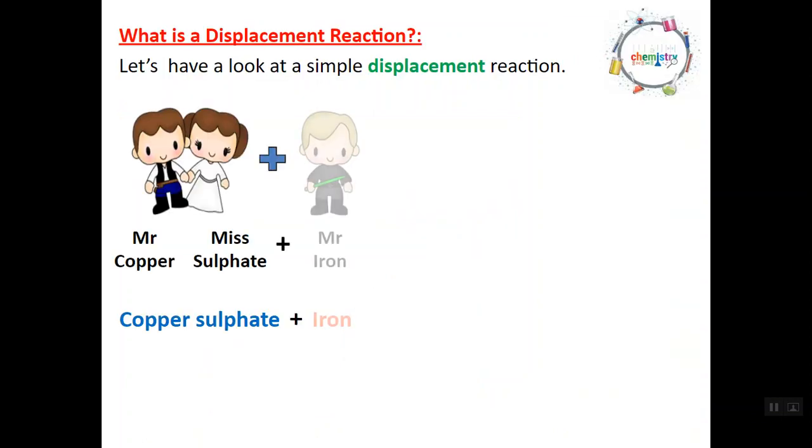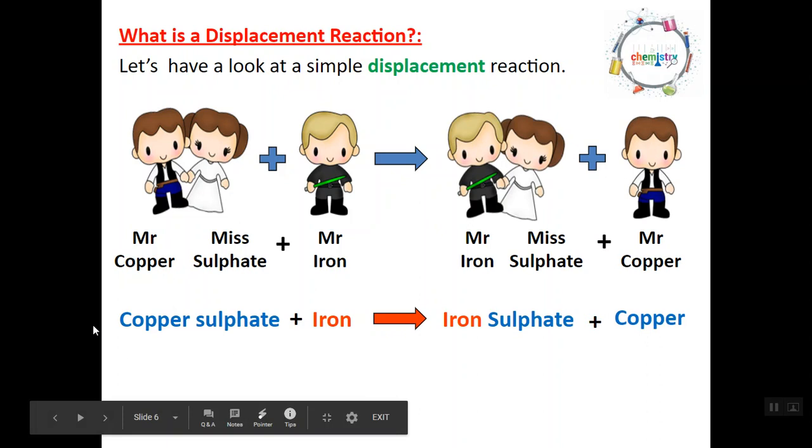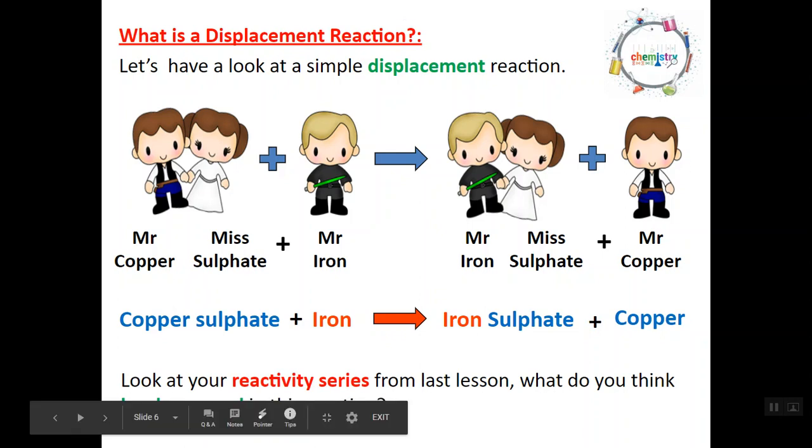So iron comes along, says I like the look of your sulfate, steals the sulfate, and poor Mr. Copper's left on his own. The word equation is copper sulfate plus iron equals iron sulfate plus copper. Here it's asking what you think has happened in this reaction, and I've already explained that iron's more reactive, so it's come along and taken Mrs. Sulfate and left poor copper on its own.